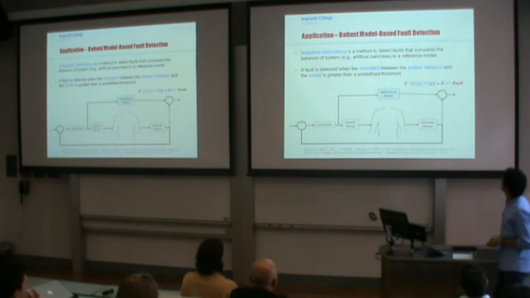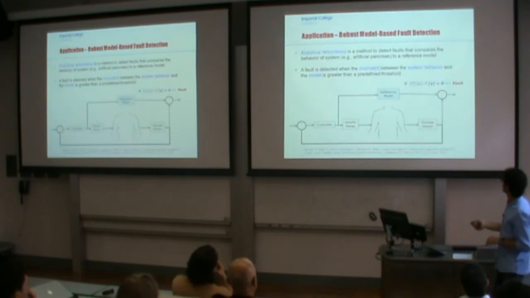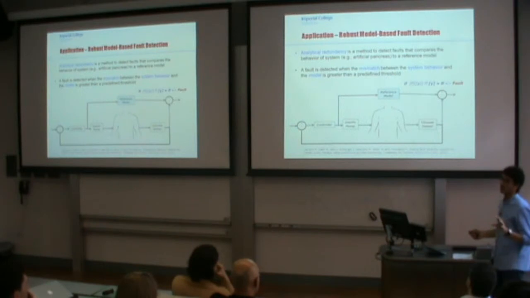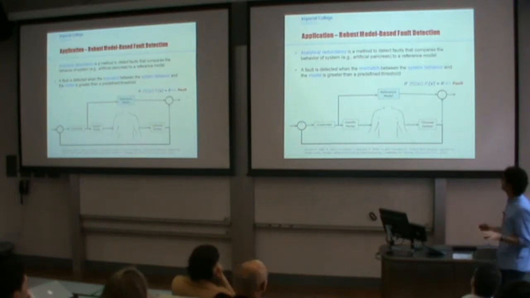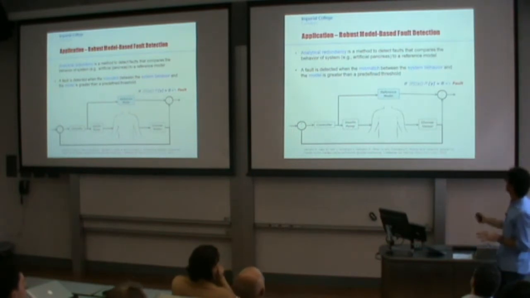The application to fault detection that we did, we published in this paper in 2012. I don't know if you are familiar with the concept of analytical redundancy. Basically what we do is very simple. We have an artificial pancreas, you see here, that's this bit. And then we have a reference model.